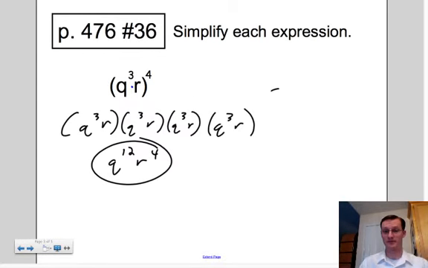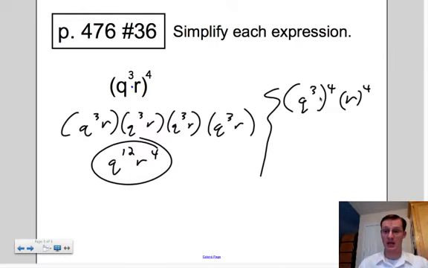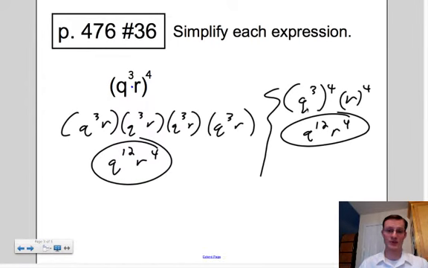Or you can just multiply it. Q to the third to the fourth power, r to the fourth power. If you make 4 copies of 3 of these, that's 3, 6, 9, 12 altogether. So that's q to the 12th, r to the 4th. So you can think of it either way.